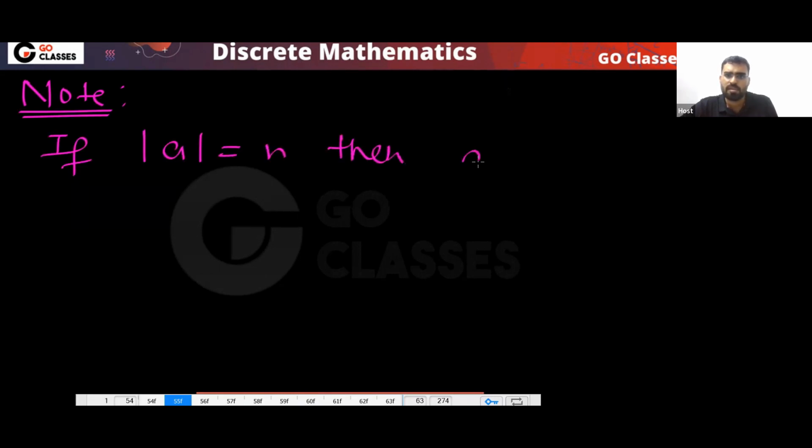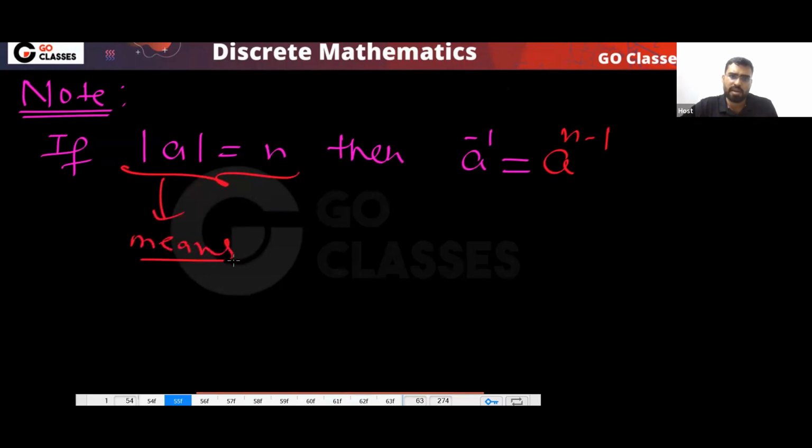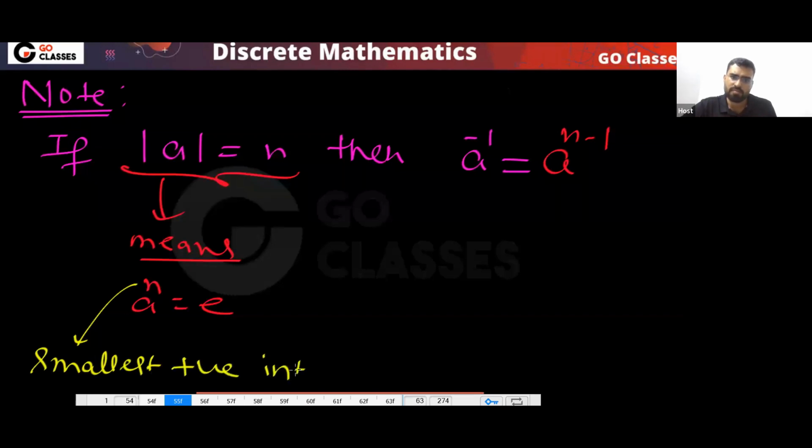You can take this note. If the order of A is equal to n, then what can you say about A inverse? A inverse is A power n minus 1. Yes or no? If the order of A is n, it simply means A power n is equal to E, where this n is the smallest positive integer.